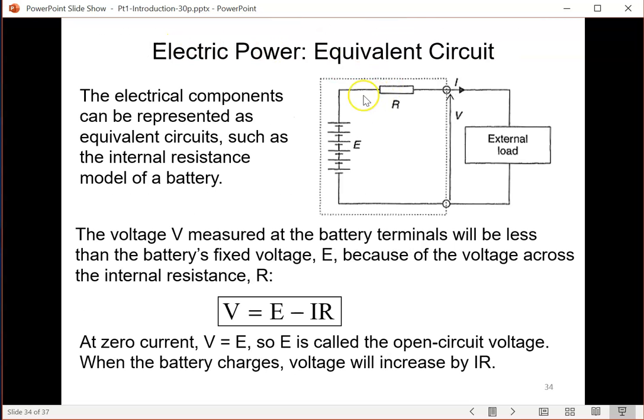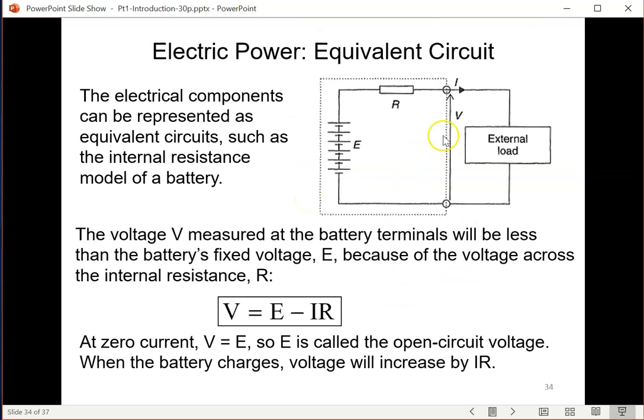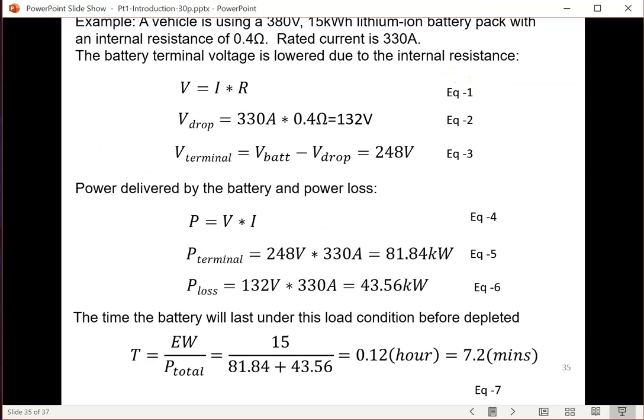Internal resistance is this one. This E equals 380 volts. The rated current is 330 amps. That means under the rated condition, this current I is 330 amps.